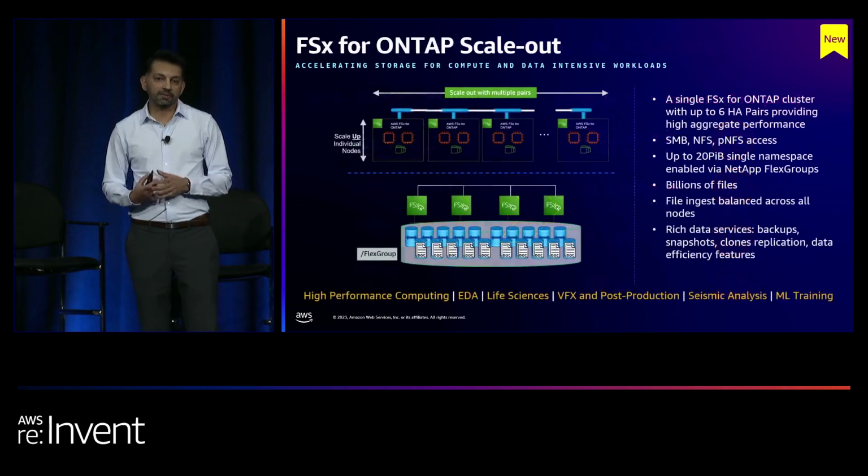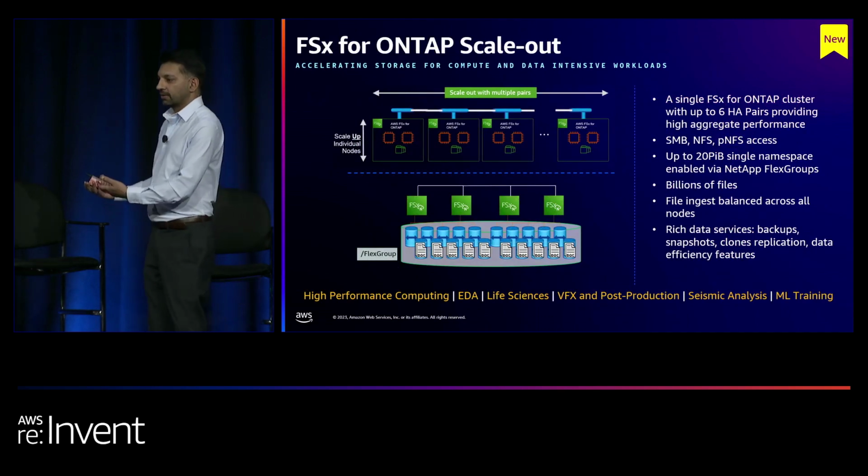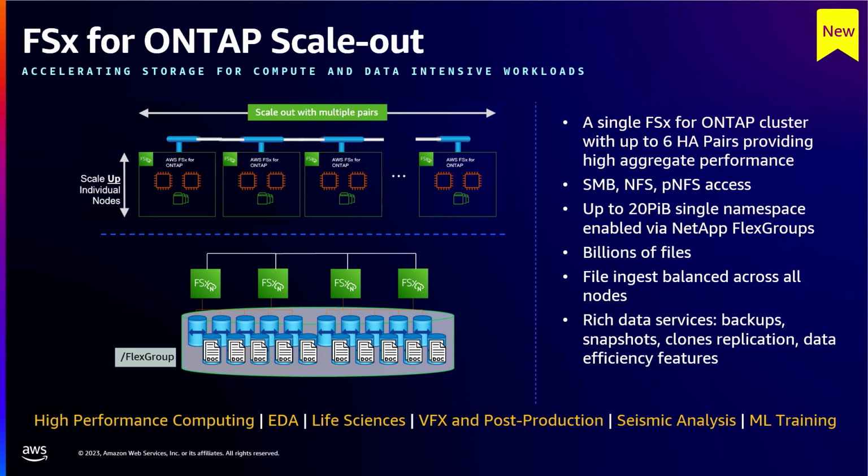And how we do it is we utilize our scale-out architecture that has been tested and proven in a large on-prem install base for years, and we have brought it now to the FSx for ONTAP service. Up to 6 pairs of highly available storage servers work together in tandem as a single storage cluster.